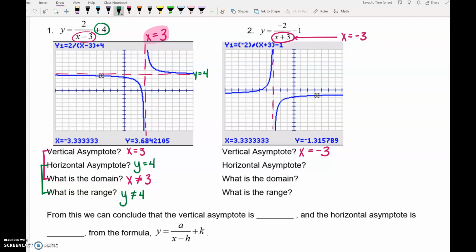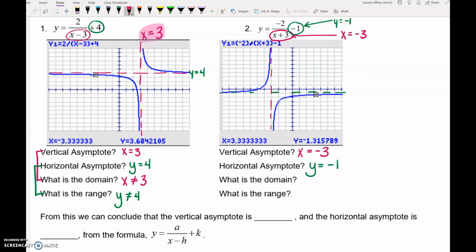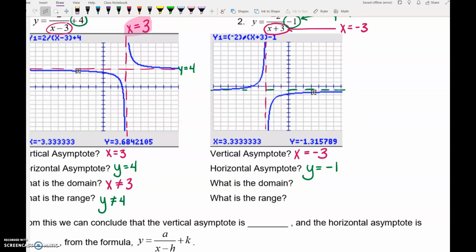Horizontal asymptote, any guesses? y equals -1. Let's check. Yes, there is a horizontal asymptote at y equals -1. Once we've identified the asymptotes, what's the domain? x can't equal -3, and for the range, y can't equal -1.